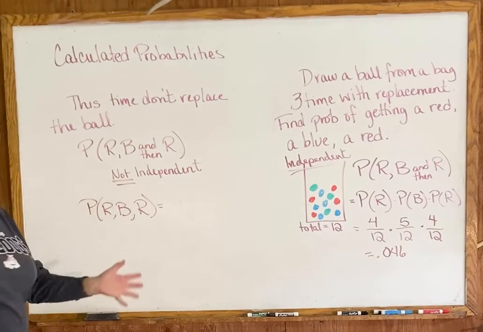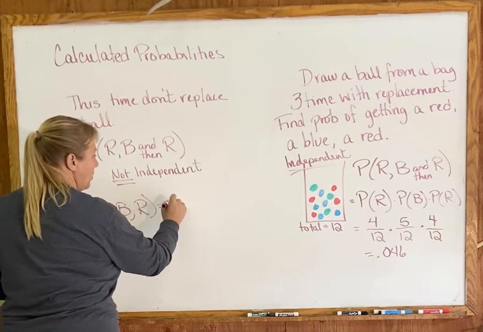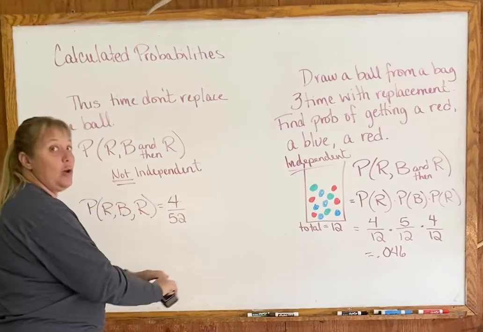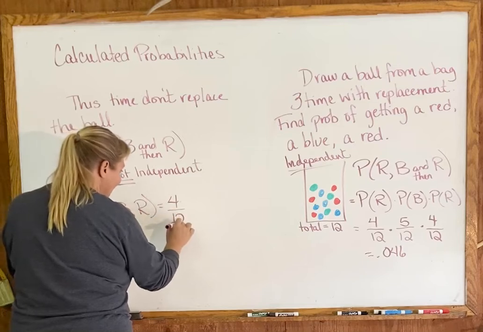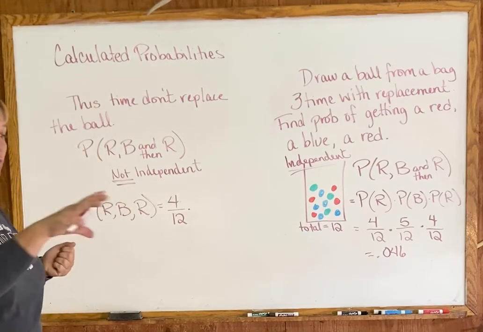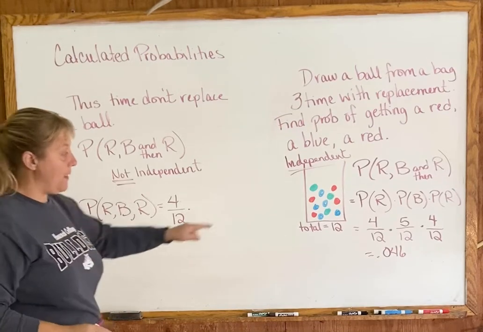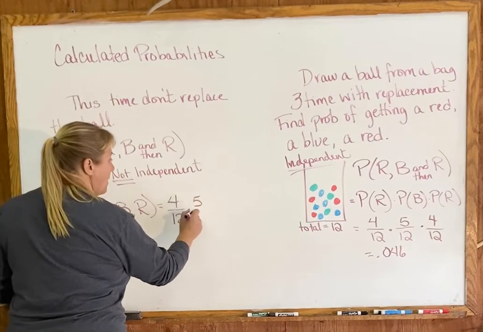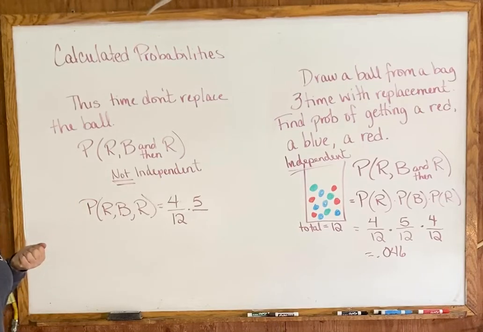Okay, so fresh bag with 12 balls in it. There are 4 reds, so we start by going 4 out of 12. Hello, not the deck of cards. Now, we're holding a red ball in our hand. We reach in to grab another ball, and we want it to be a blue. Now, there are 5 blues in there, but because you already have a red one in your hand, how many balls are there?